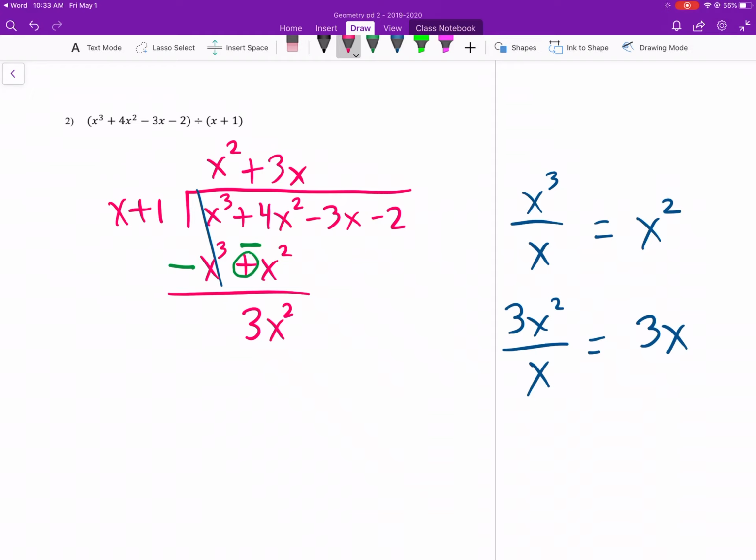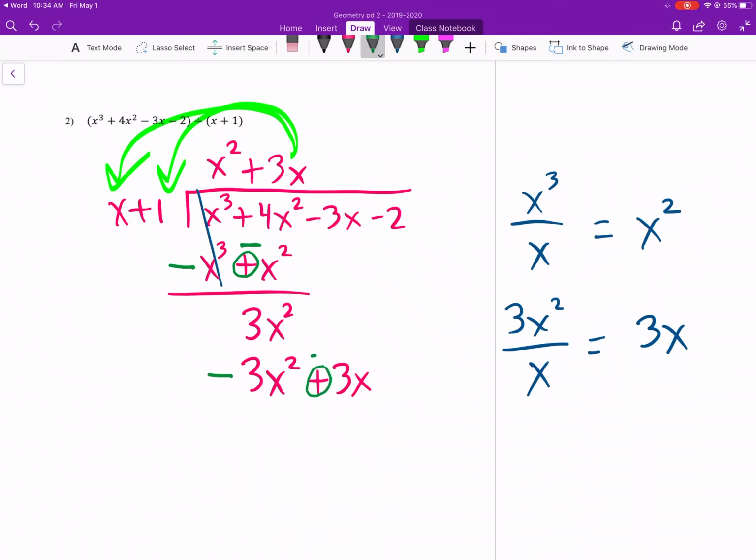All right. Now we have 3x. Multiplying. Take the 3x, multiply by x, and multiply by 1. So 3x times x is 3x squared. 3x times 1 is just 3x. All right. So now we have to change our signs. Subtract. And this addition here becomes subtraction.